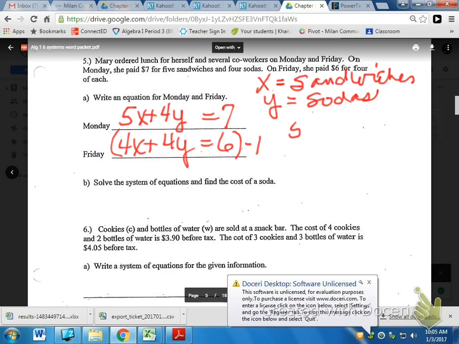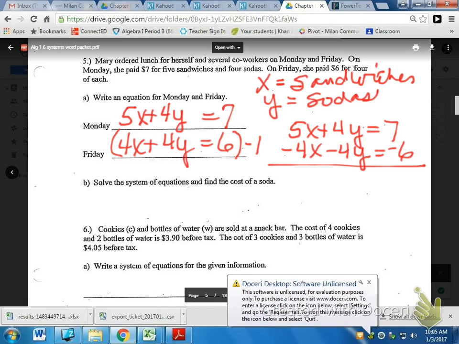And I would have 5x plus 4y equals 7, -4x minus 4y equals -6. Make sure you take that negative all the way through. And now add these. So I've got 5x and -4x, so that's just a 1x. The 4y's cross out, and 7 minus 6, so we have 1.